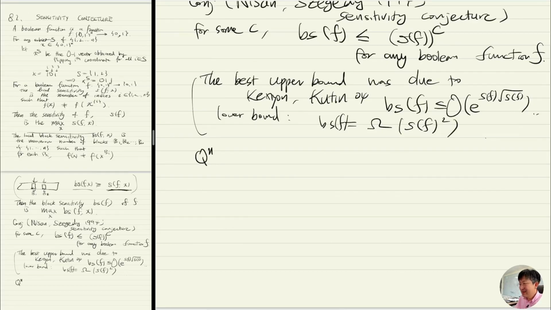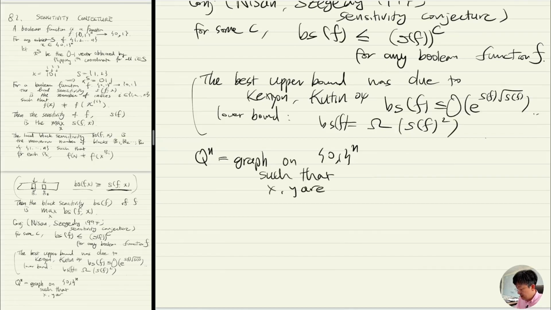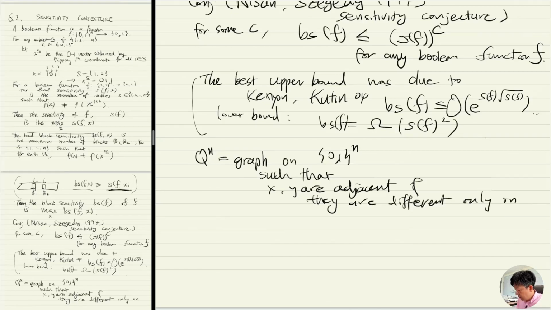So Q_n is the graph on {0,1}^n, such that x, y are adjacent if they are different only on one coordinate.